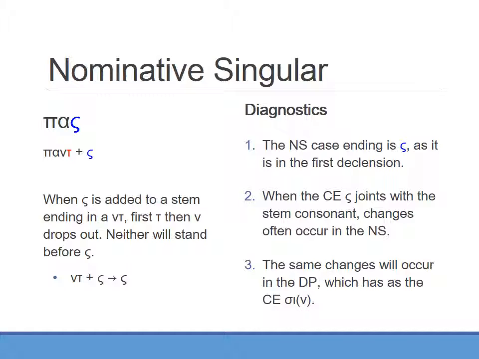So when you add the sigma at the end of pant, first the tau drops out, and that leaves you with pans, and then the nu drops out. So in effect, nu and tau both drop out when sigma is added. Neither of them can stand before the sigma. So nt plus sigma becomes sigma.